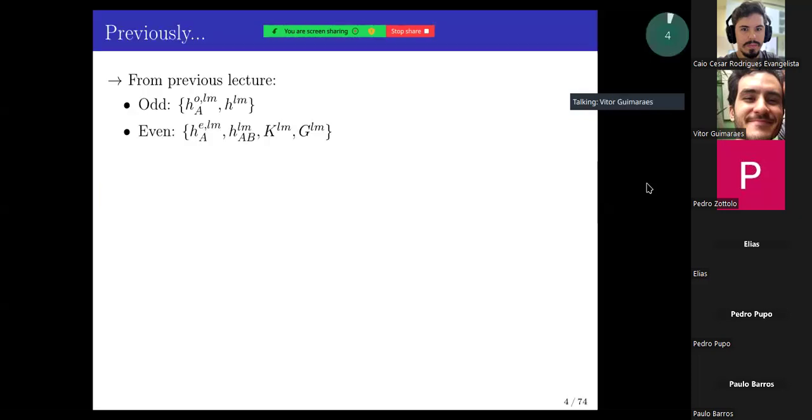So, in the previous lecture, we saw how to subdivide the perturbation functions that compose our perturbation tensor into even and odd functions. How you do this is you look at which is the basis for each function.